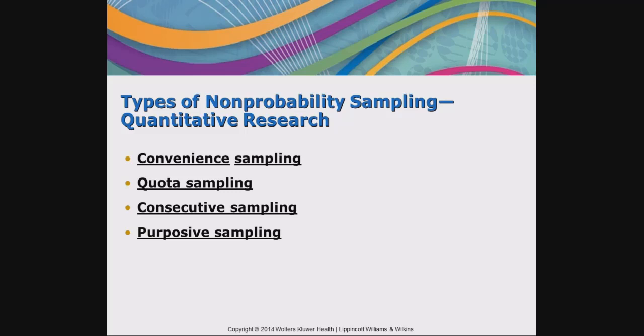And that's kind of like hand-picking subjects, that's purposive sampling. Hand-picking subjects, believing that the subjects are typical or representative of your target population.